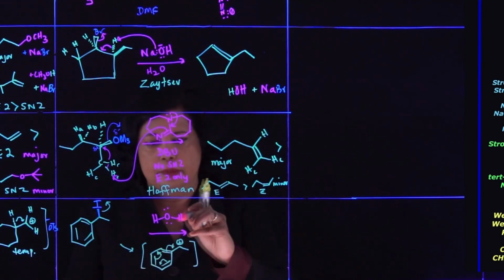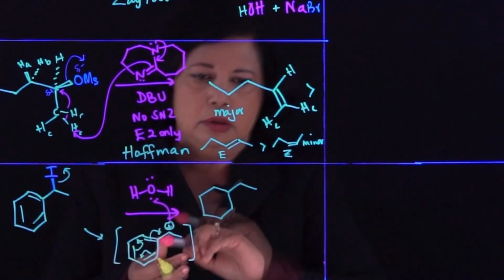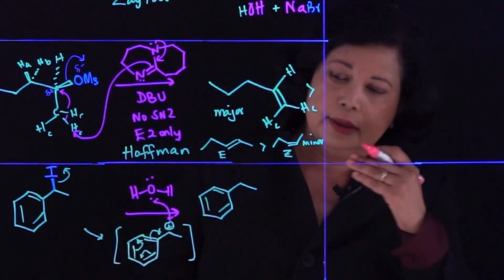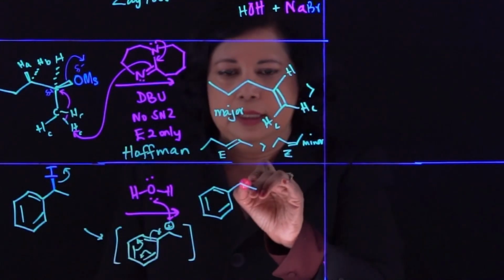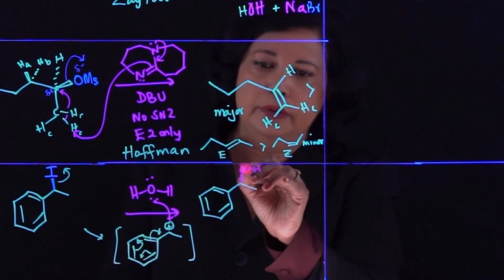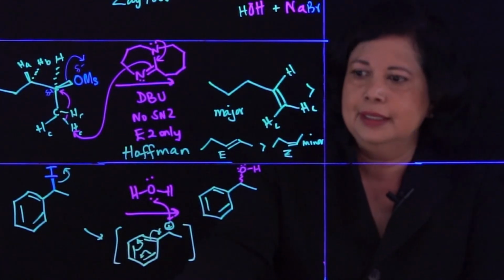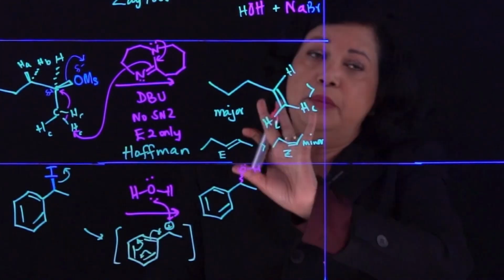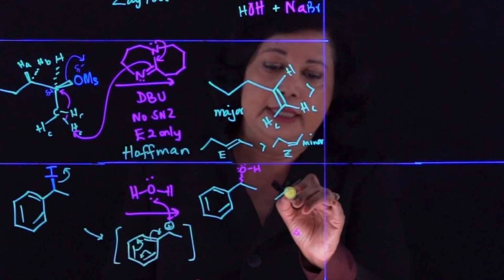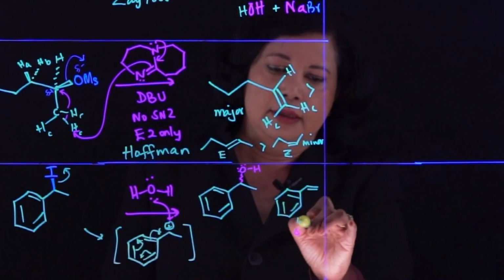And so you can have your water attack here, and that would be your major product, where the water can attack above or below, and they're both going to be different stereoisomers. So I'm just going to put OH2 plus, then you deprotonate that with another water, and you've done that a million times, and you'll get an alcohol, a benzyl alcohol there. Now this is going to be a very major product, but if you heat it up a lot, then you could get some minor E1 product.